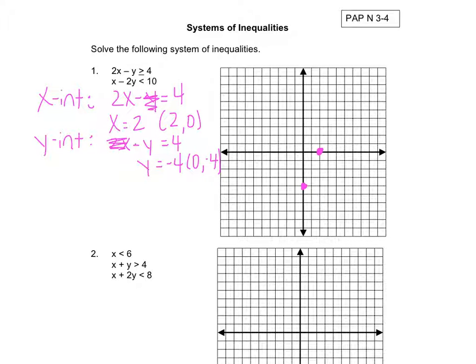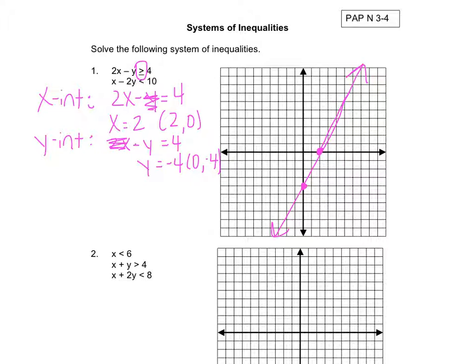So there's our intercepts. Remember, before you connect them, we talked about we need to look back at the original inequality. Notice it says greater than or equal, so it will be a solid straight line. Make sure that you extend it throughout the whole graph. And then we're going to look and see where we're going to shade.